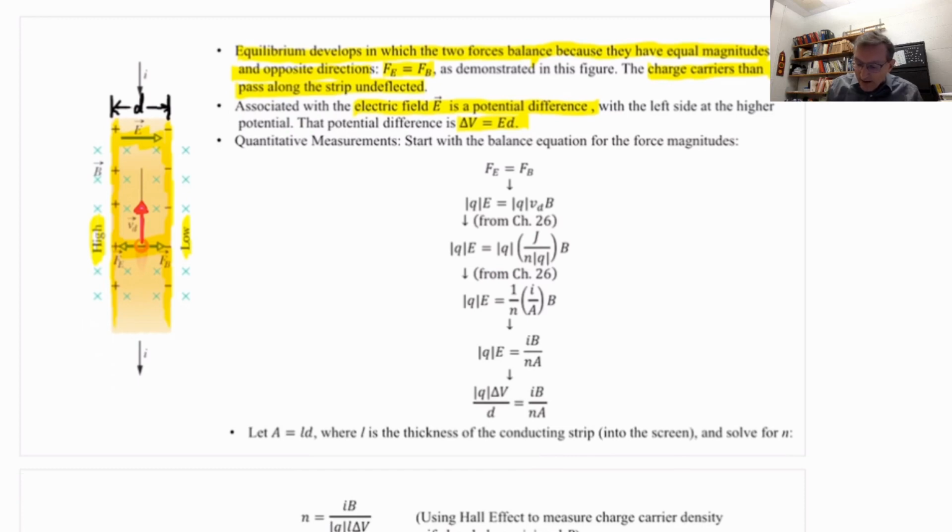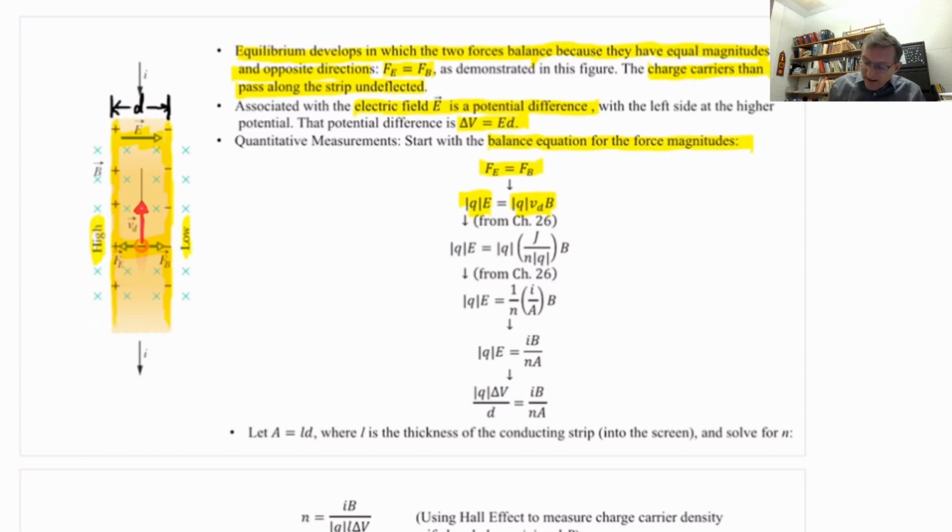We start with the balance equation for the force magnitudes. Fe equals Fb, magnitudes. For the electric force, magnitude of Q times electric field. For the magnetic force, magnitude of Q times Vd times B, all magnitudes. That's based on the picture you see right there on the left.